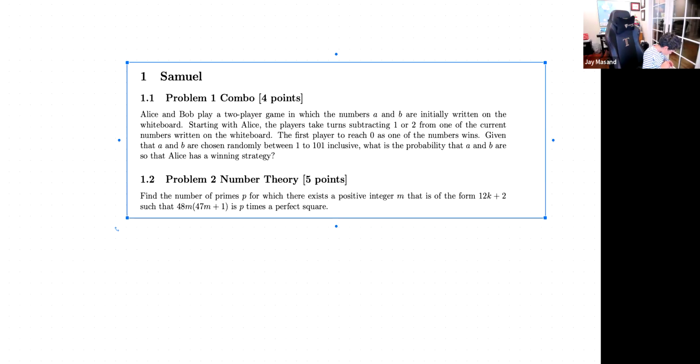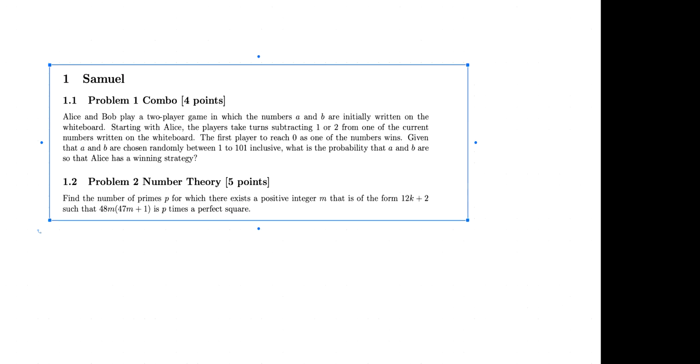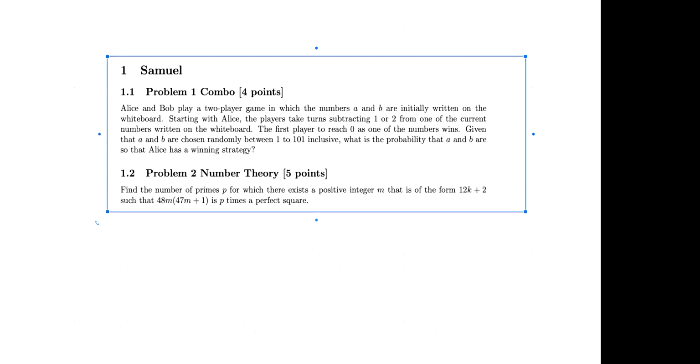All right, so the idea behind this problem is known as winning positions. You consider a position and think, is this a winning position in which Alice has a winning strategy, or is it a losing position in which Bob has a winning strategy?